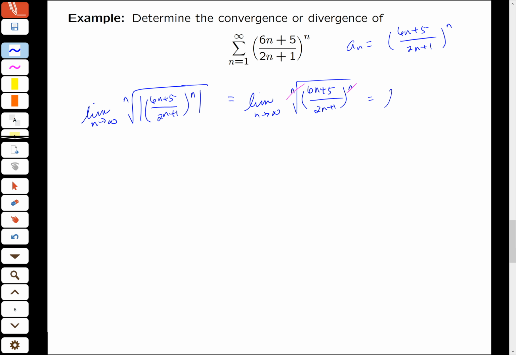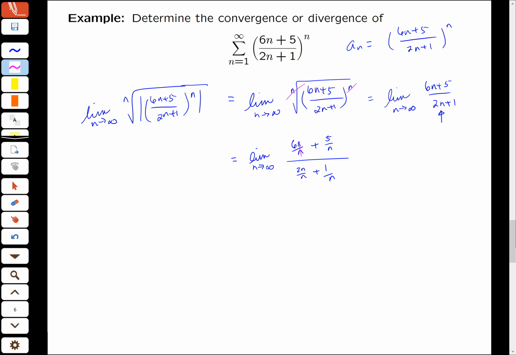And so I get the limit as n goes to infinity of 6n plus 5 over 2n plus 1. If you guys are very comfortable with L'Hopital's rule, I'm going to show you doing the division instead of L'Hopital's rule. Oh, that was supposed to be infinity. I'm dividing by the highest power in the denominator. So 6n over n plus 5 over n, divided by 2n over n plus 1 over n.